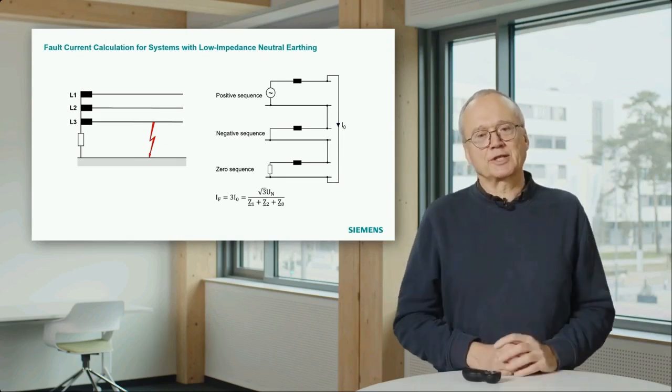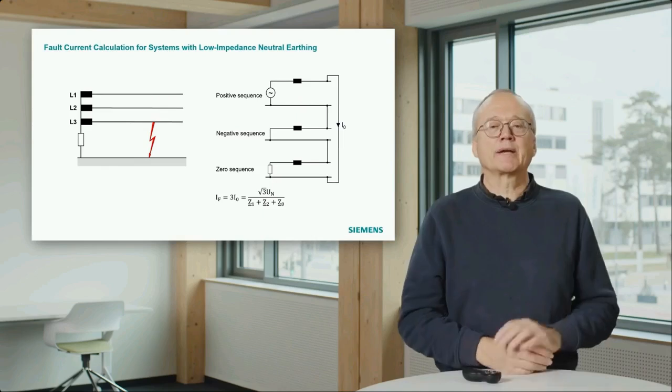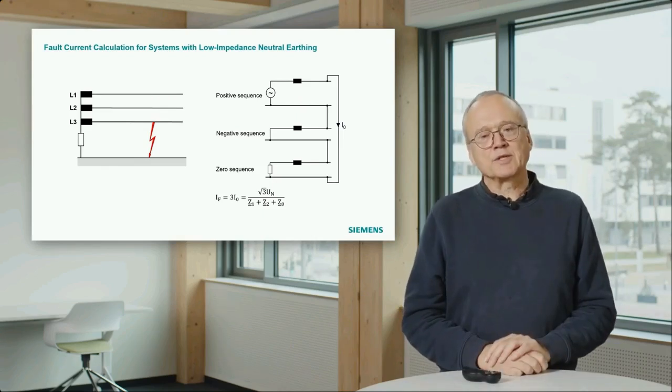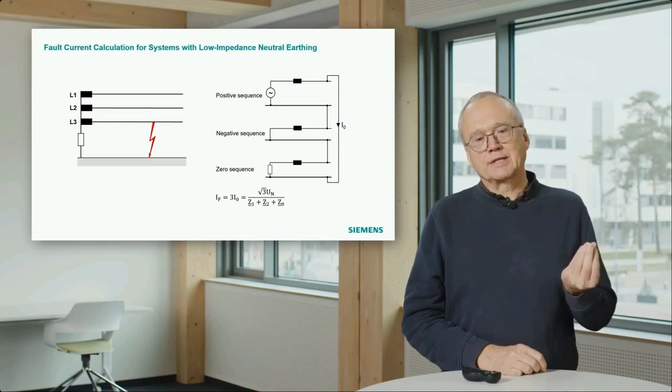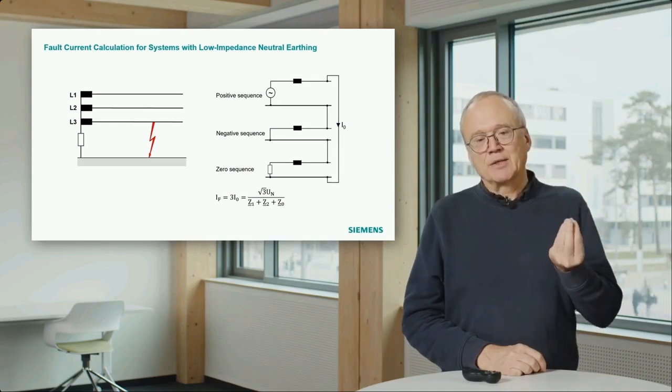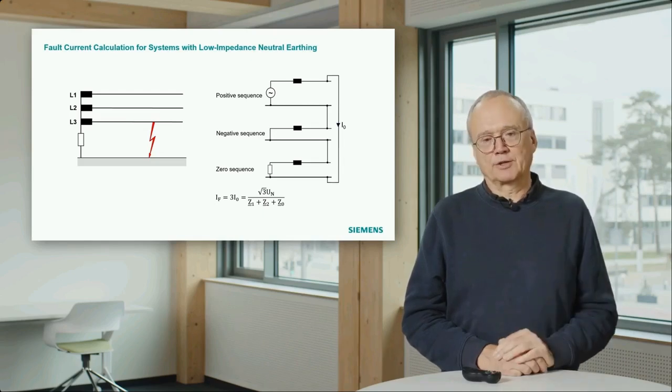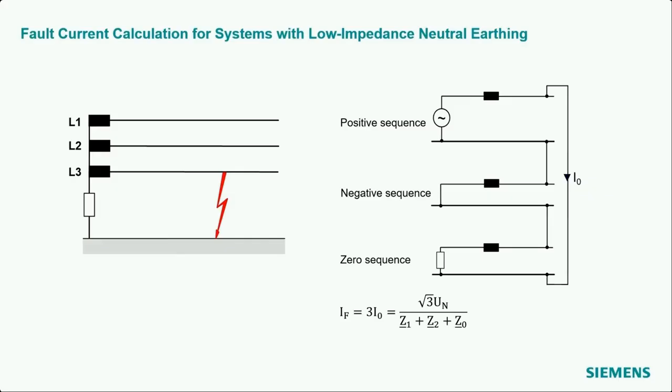What can you do with such a resistor? You can now make the same representation with symmetrical components. What you find then, and that is easy to understand, is that this resistor influences the earth fault current. That means the bigger this resistor is, the lower the earth fault current is.